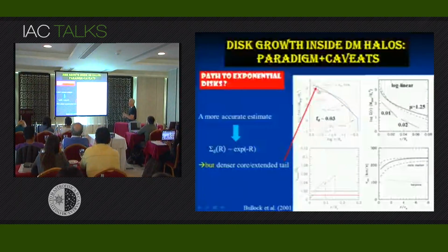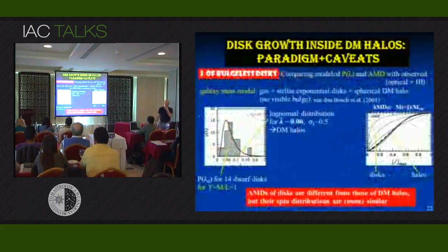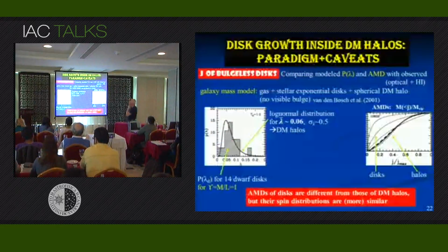You see that there is a problem. At small radii, clearly there are too many baryons at low angular momentum, low radii, sorry, and there are too many baryons at large radii. Which means, in fact, there is an overabundance of baryons with small angular momentum and with large angular momentum.